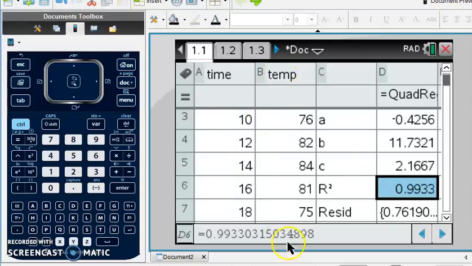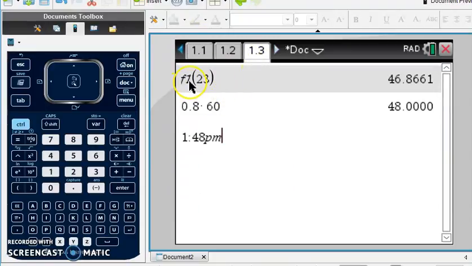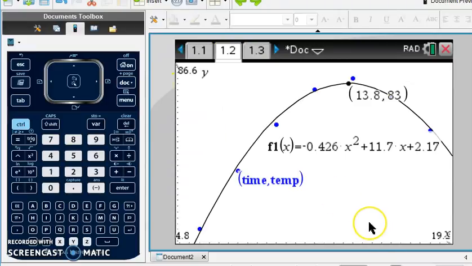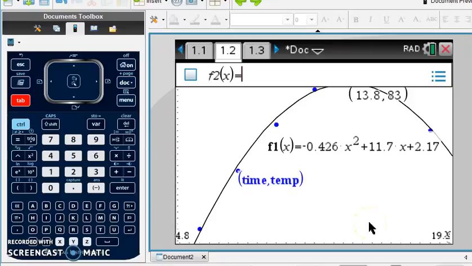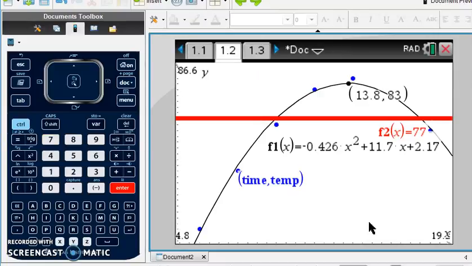Temperature is a y value, so I cannot use my function notation here, because that is where the x values are entered. However, what I can do is graph a y value. So hit tab to bring up your graphing screen, and remember f of x is the same as y. When is y 77? I'm going to type in 77 right there, hit enter, and I can see this red line represents when I'm at 77 degrees Fahrenheit.